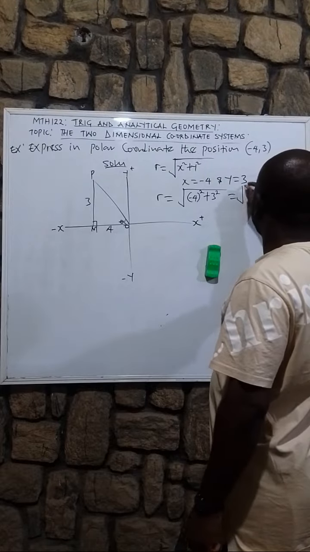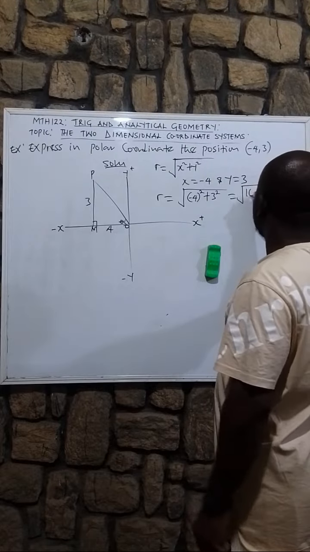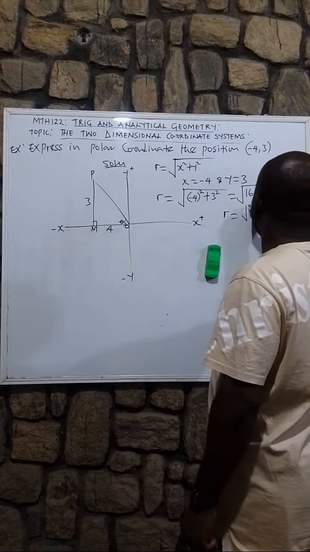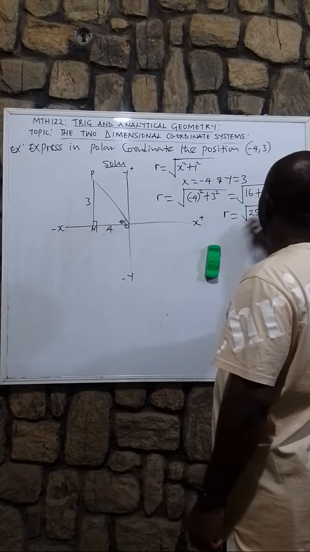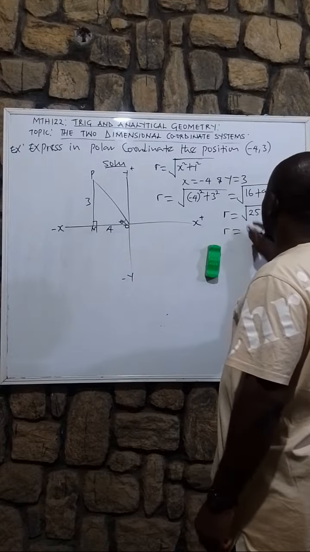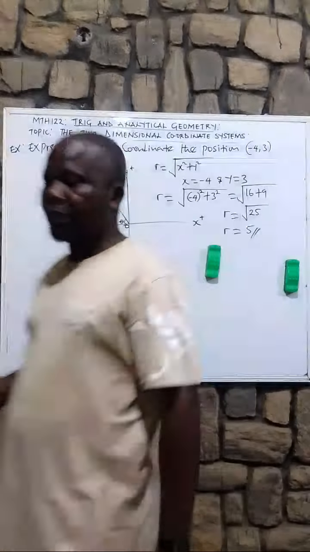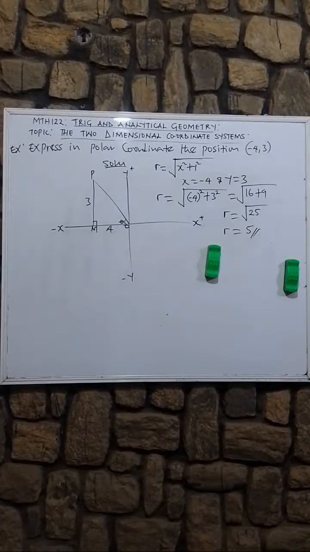This is going to give us 16 plus 9. r is equal to the square root of 25, which is r equals 5. Do you understand? Any question? Please drop it in the comment section. So that is that.